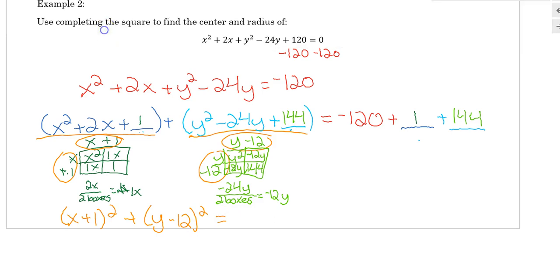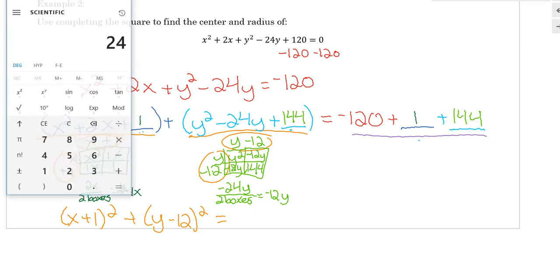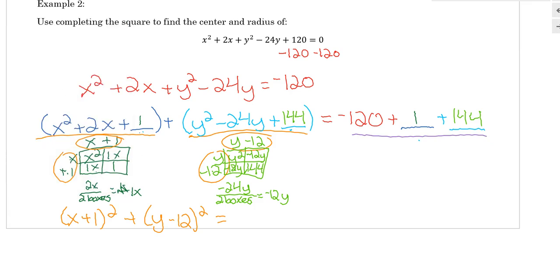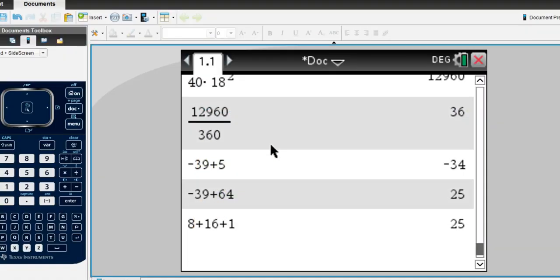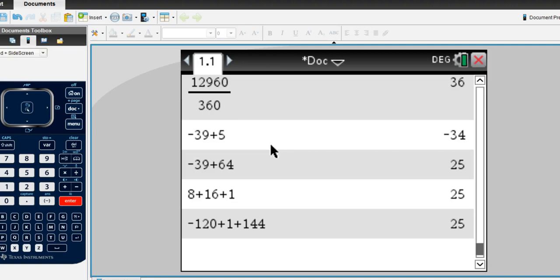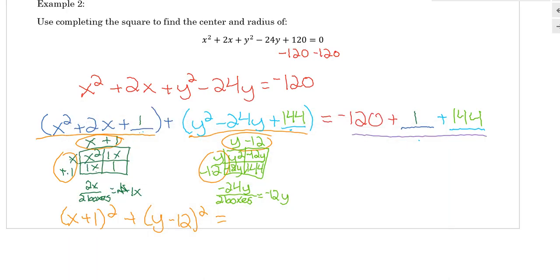And then we add all our numbers together. So I have negative 120 plus 1 plus 144. Ooh, 25 again. Lots of 25s in this one. Equals 25.